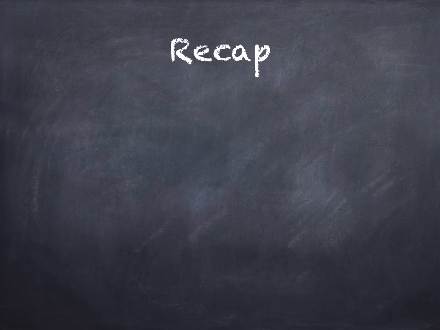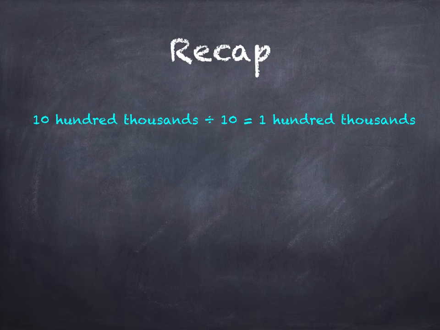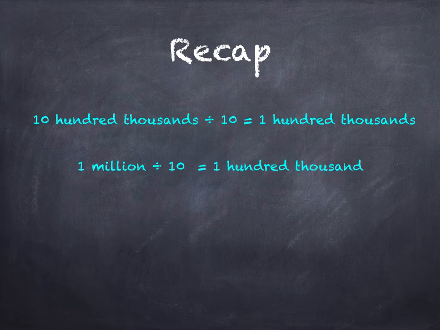So let's just recap or review what we've said so far. We've said that 10 hundred thousands divided by 10 equals 100,000. We've said that 1 million divided by 10 equals 100,000, because if you remember, 1 million is the same as 10 hundred thousands.